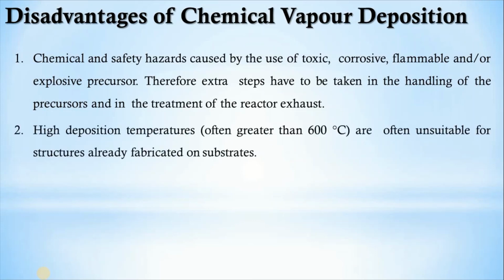Then the high deposition temperatures, often greater than 600 degrees Celsius, are often unsuitable for structures already fabricated or for the substrate, because the structures have different melting points. So based on those melting points we have to choose reactors so that it will give good quality.